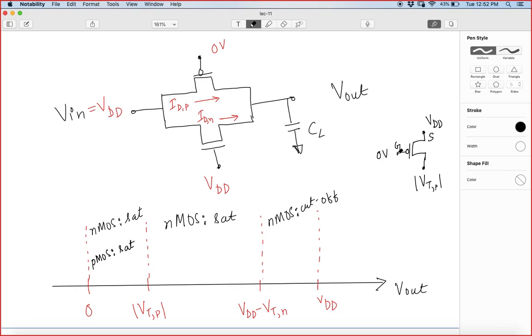Of course, you see here that gate and source are always constant. The VGS is VDD. So this drain has become VTP, and as it goes higher than VTP, the PMOS will go in the linear region.